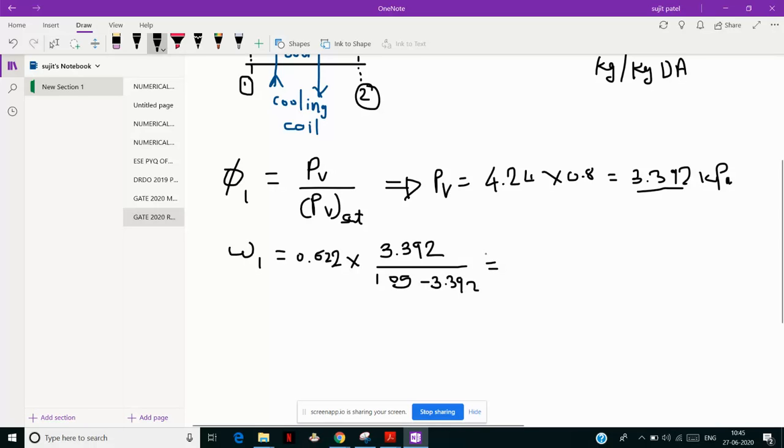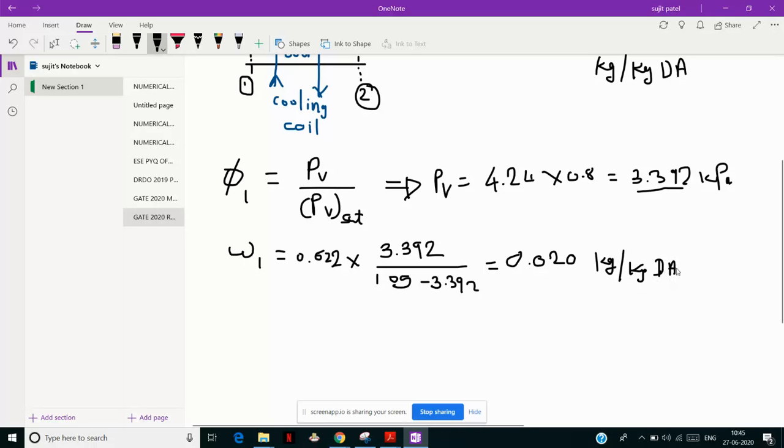You will find the specific humidity is 0.020 kg per kg of dry air.